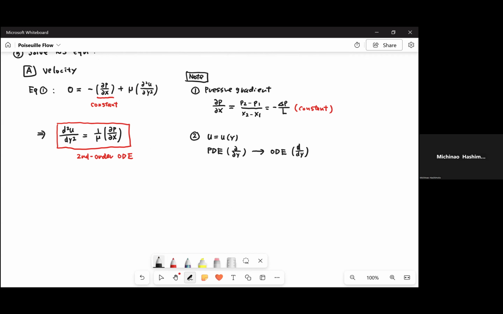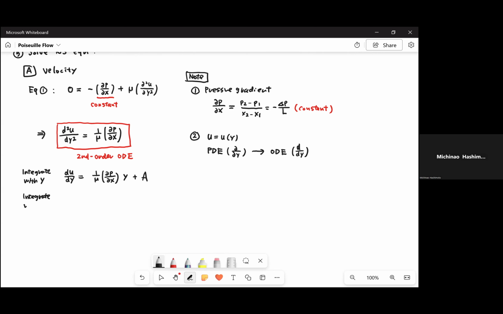To solve the ODE, we can just keep integrating with y. The first integration gives du dy equals, please do note that 1 over mu times dp dx is a constant, so it doesn't do anything to the function, 1 over mu dp dx times y plus a.